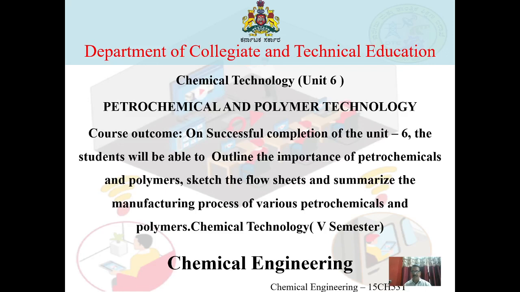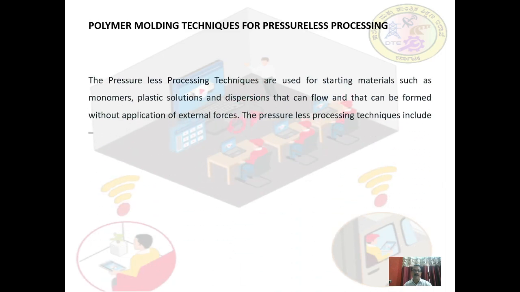In this 10th session, we are going to discuss polymer molding techniques for pressureless processing. The pressureless processing techniques are used for starting materials such as monomers, plastic solutions, and dispersions that can flow and can be formed without application of external force.